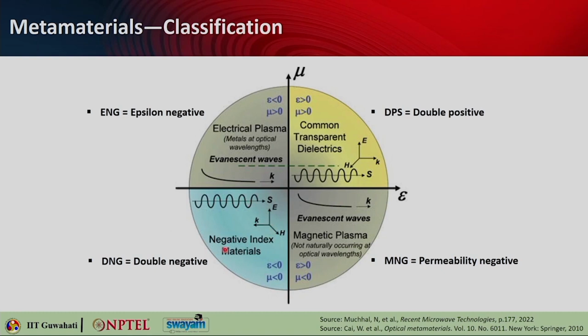So these are the negative index materials, and initially only this particular domain of materials was called metamaterials. But now the definition of metamaterial is much more relaxed, and whenever you are able to make any kind of artificial structure that gives you a property which is customizable, or you can change everything at your will, we can call it metamaterial.